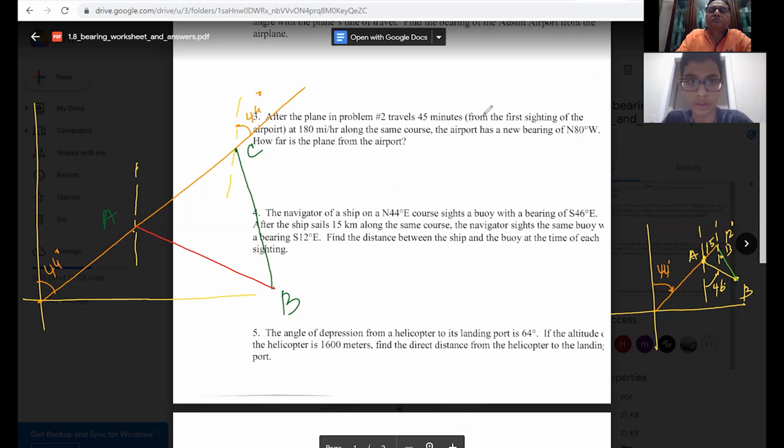Yeah, it's 44 degrees, from south 46 degrees. So then that angle would just be 44, I think. The one, yeah, it's 44 degrees.